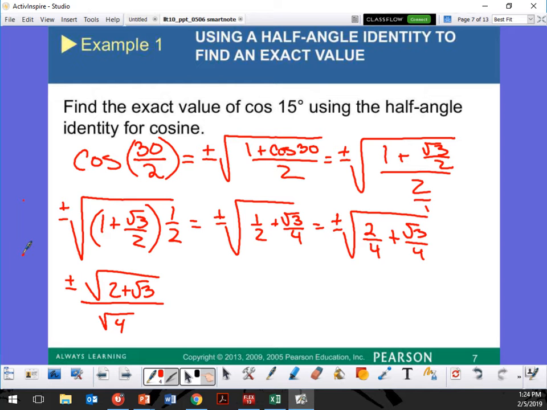Are we going to have to rationalize? Not yet. We don't actually have to on this one. What's the square root of 4? 2. So when that becomes 2, do I have to rationalize it anymore? No, because it is what it is. So that's going to give me plus or minus square root of 2 plus rad 3, all over 2.